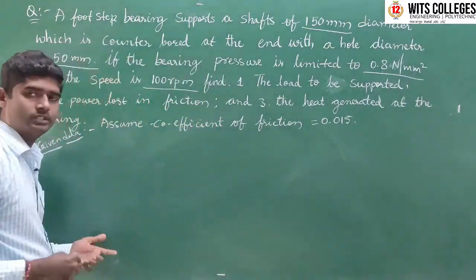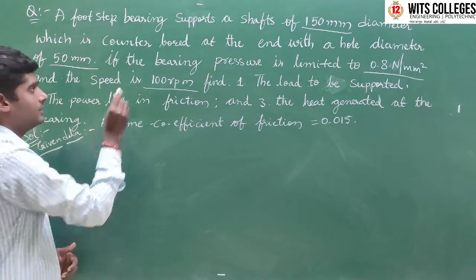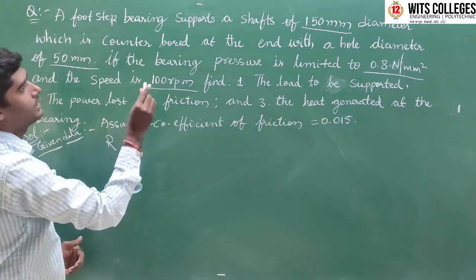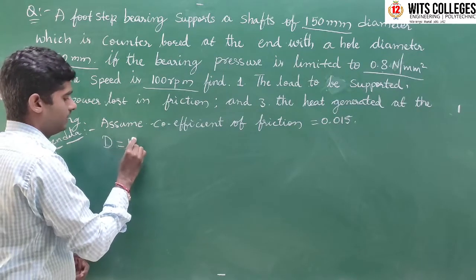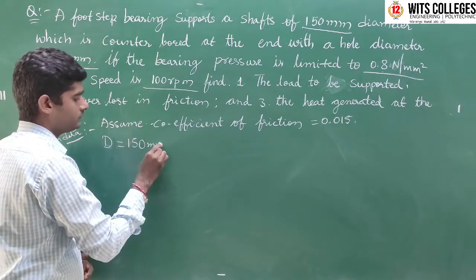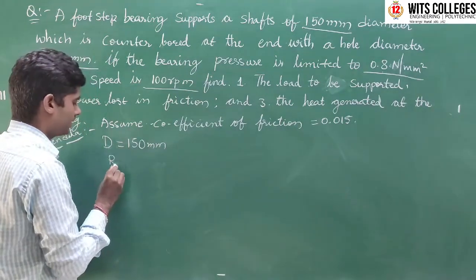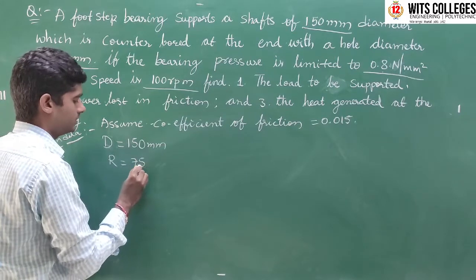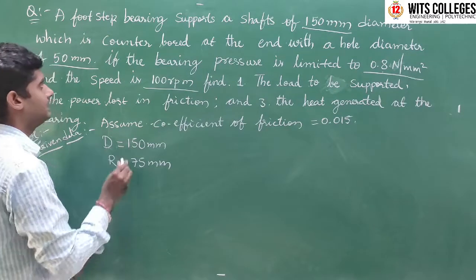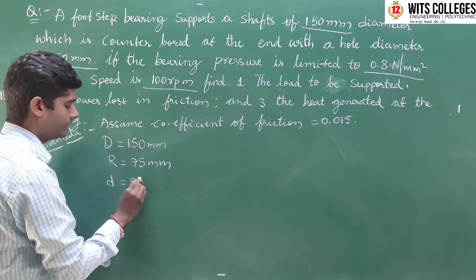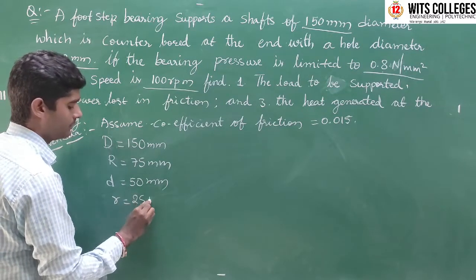First of all, write down the given data. This is the solution. Diameter capital D is equal to 150 mm, so radius capital R is equal to 75 mm. Small d is equal to 50 mm, so small r is equal to 25 mm.